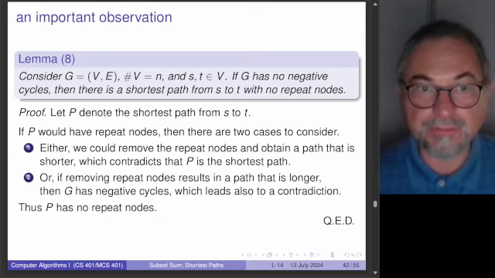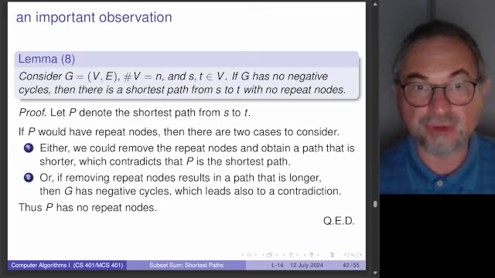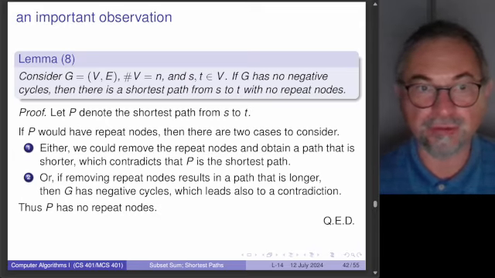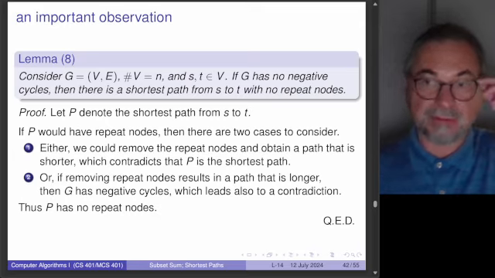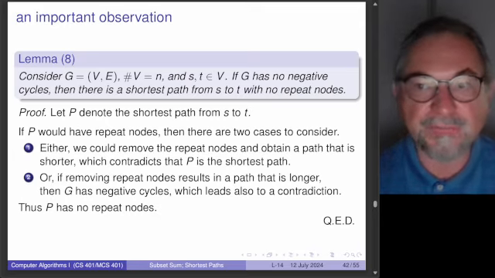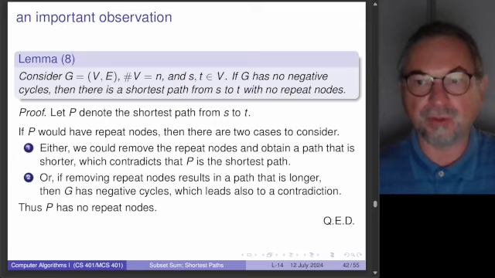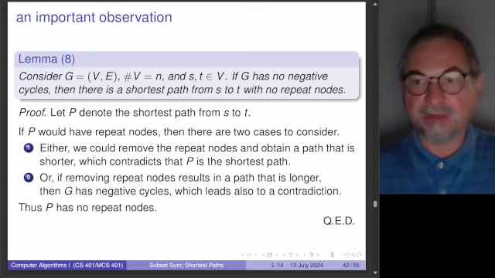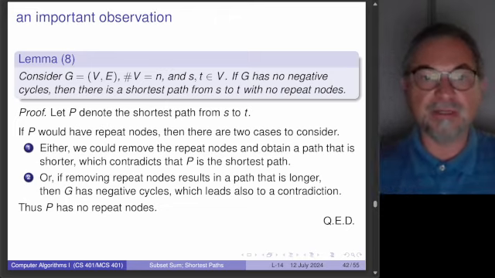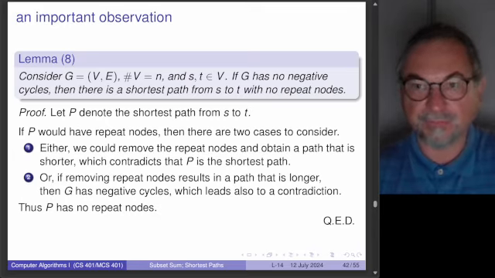Let's prove this by contradiction. We have a path P that is the shortest from source to target. We are assuming that this shortest path does have repeat nodes. Then there are two cases. The first case is that the path is not the shortest, so we can actually remove the repeat node. If we are somewhere at a node and we come back to that node, then we can just delete that cycle, and it will be a shorter path with fewer costs.